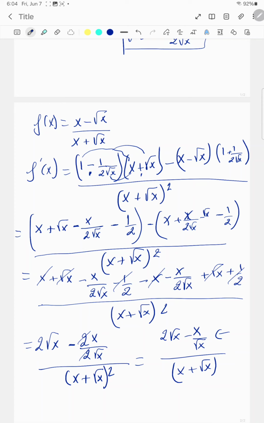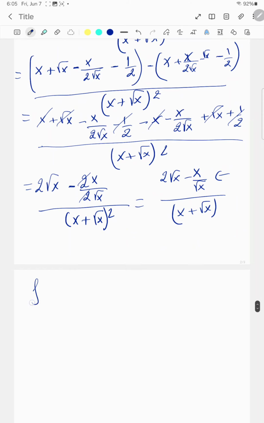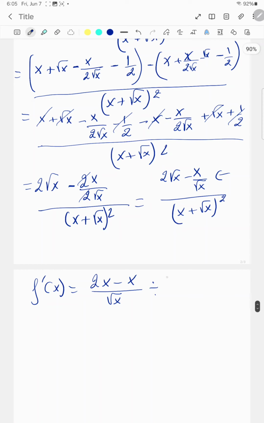And here I can have a common denominator, which is square root of x. So f prime of x is equal to 2x minus x divided by square root of x, and I will write it like that, divided by x plus square root of x squared.